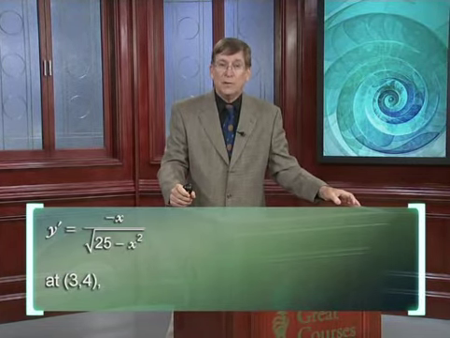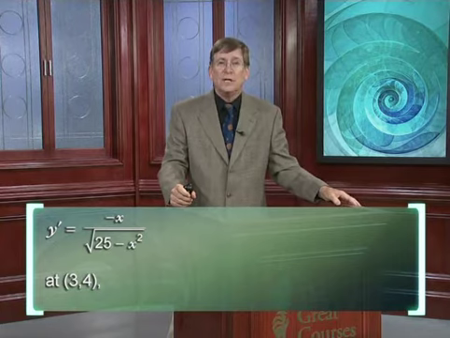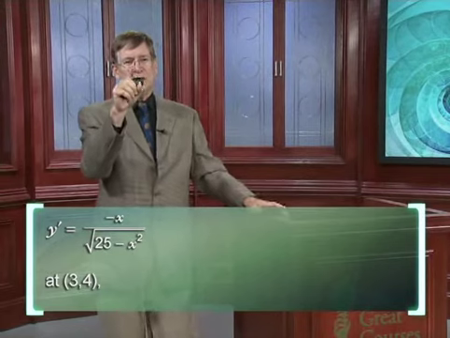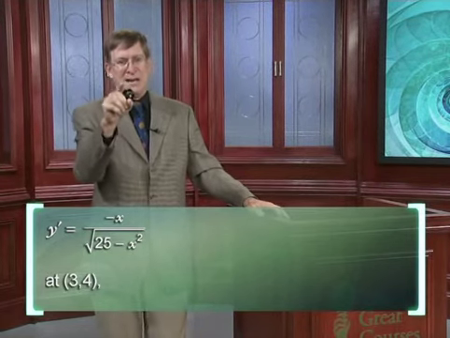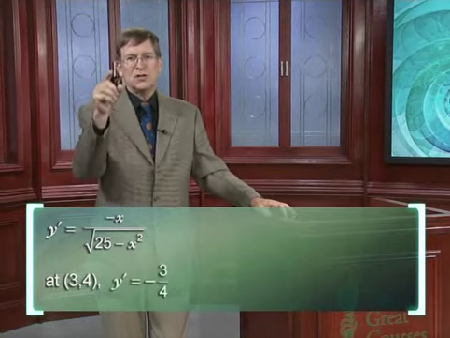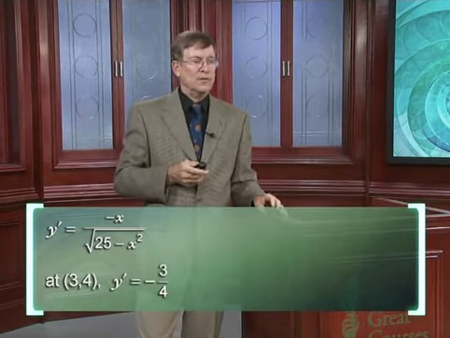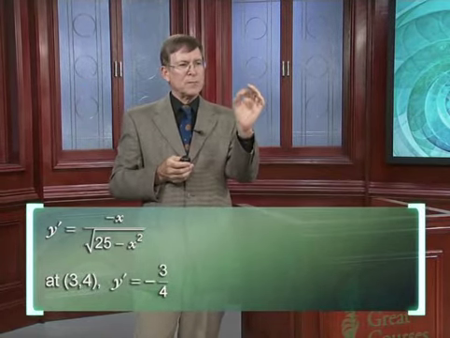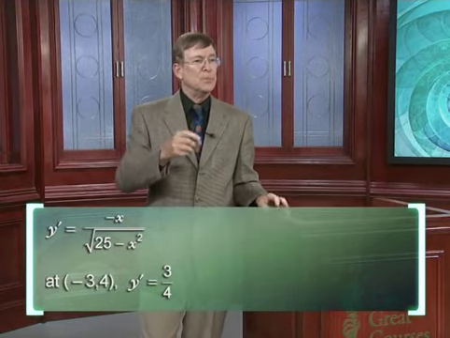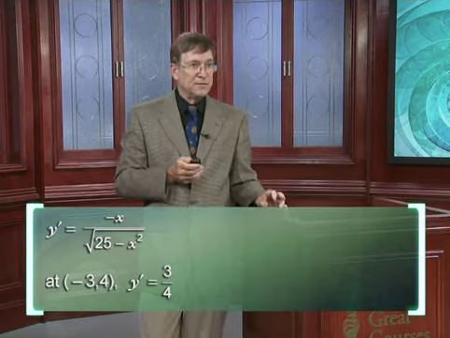What's the slope there? Well, you would plug 3 into the equation. Look how it works. The denominator would be 25 minus 9, 3 squared, and the square root of 16 is 4, so it would be minus 3/4. So at 3, 4, the slope's negative. At minus 3, 4, the slope turns out to be positive.